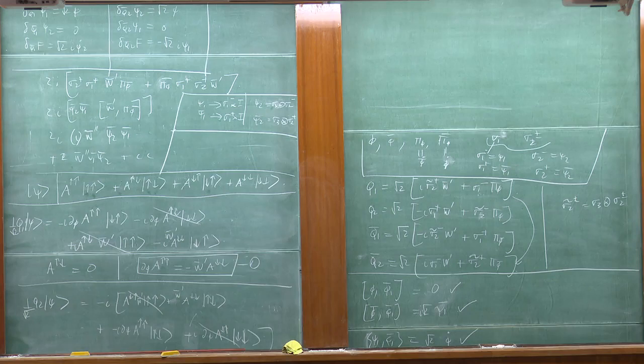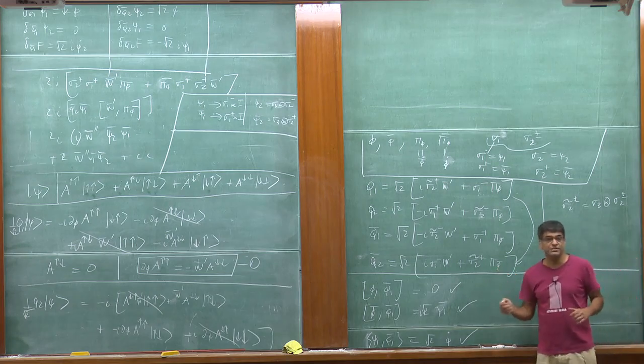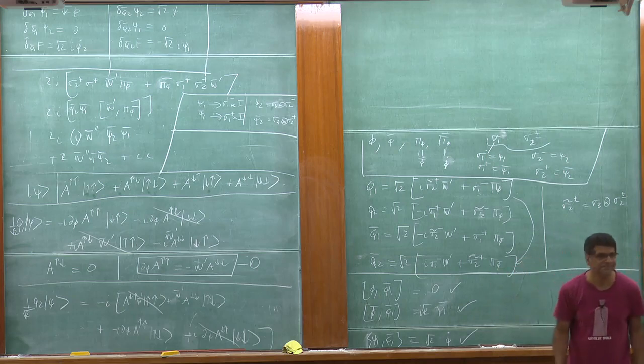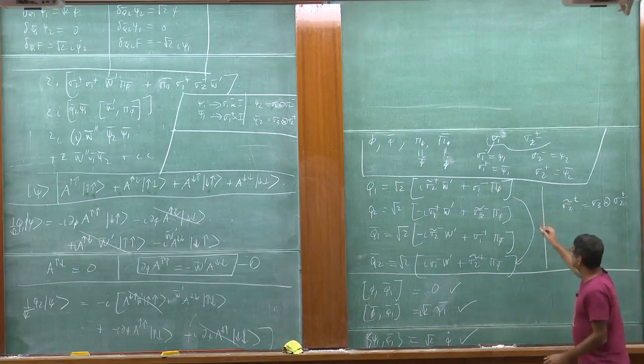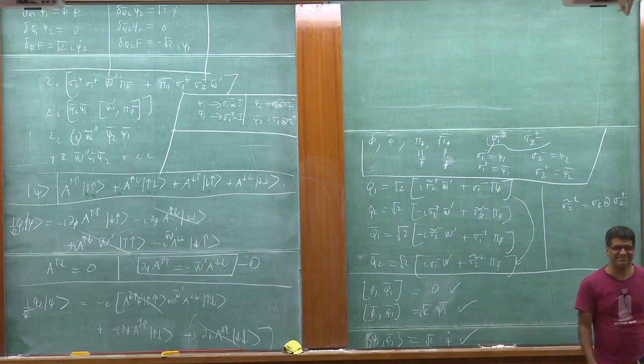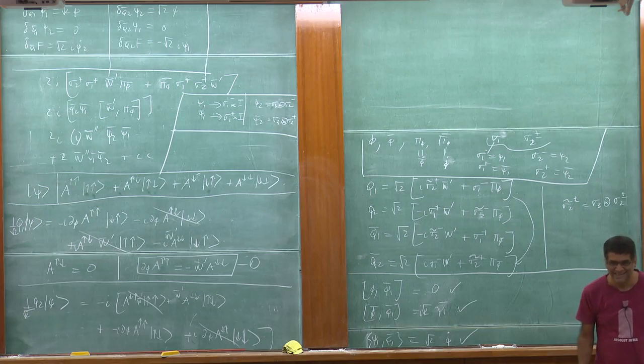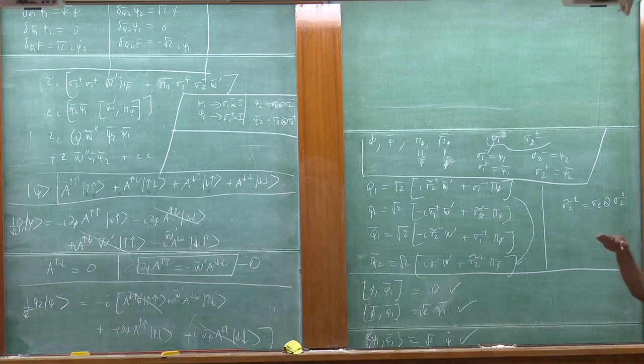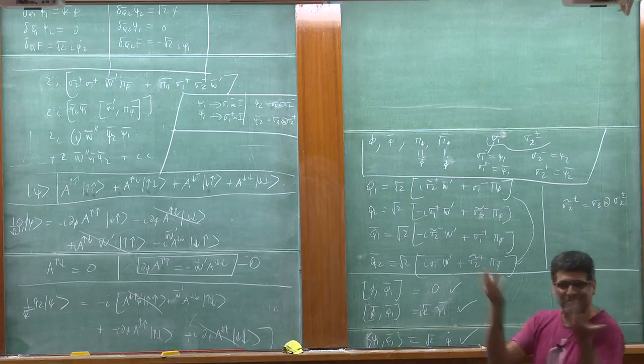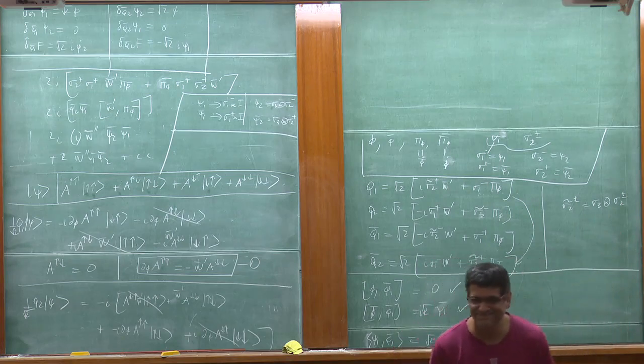What is the difference between these two derivatives? The difference is that while this is a derivative with respect to an anti-holomorphic index, this is a derivative with respect to a holomorphic index. So we're going to choose the ground state, all the ones, let's say, to be filled and all the twos to be unfilled. It's just a matter of convention.